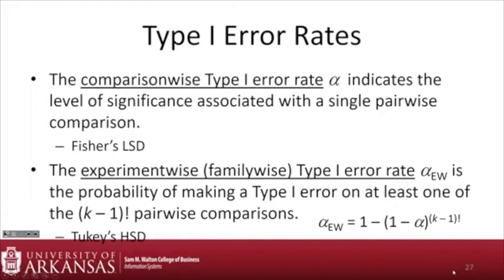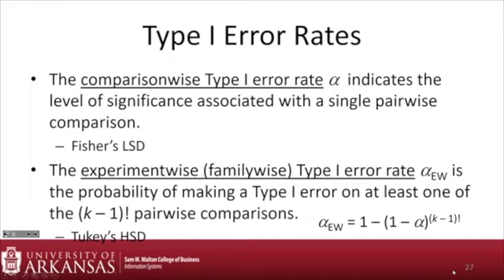It's our alpha level. So the first thing we have is this thing called a comparison-wise type 1 error rate. It indicates the level of significance associated with a single pairwise comparison. Group 1 to group 2, we'll have an alpha. Group 2 to group 3. Group 1 to group 3.